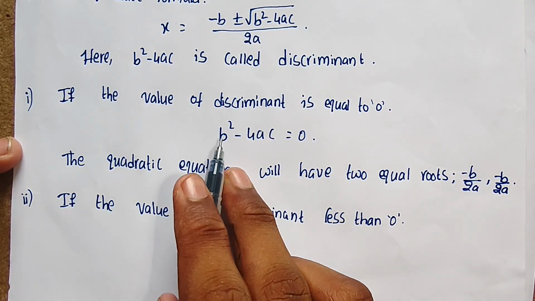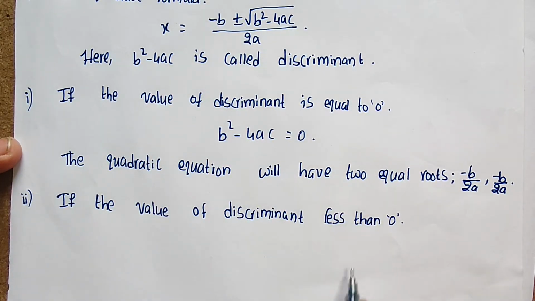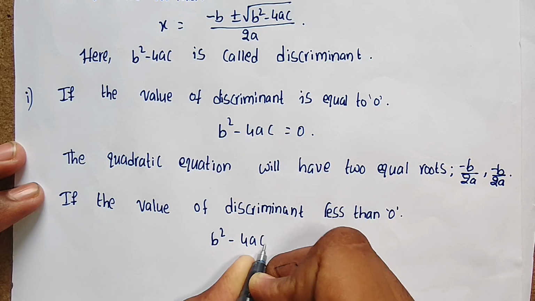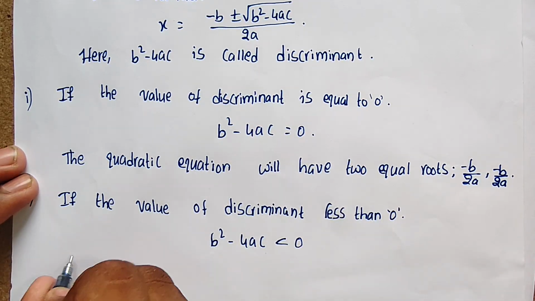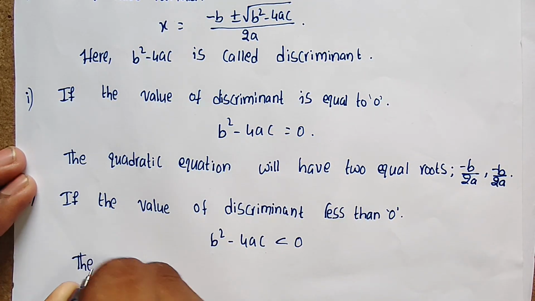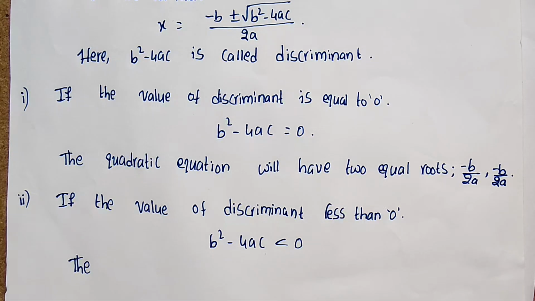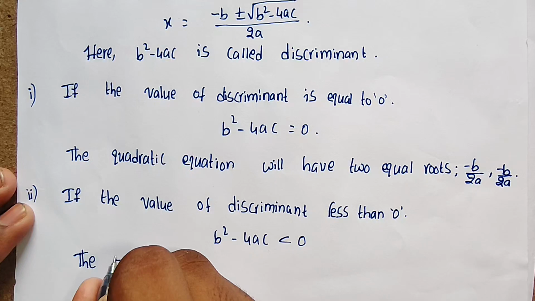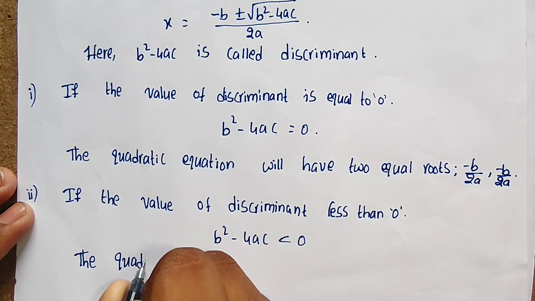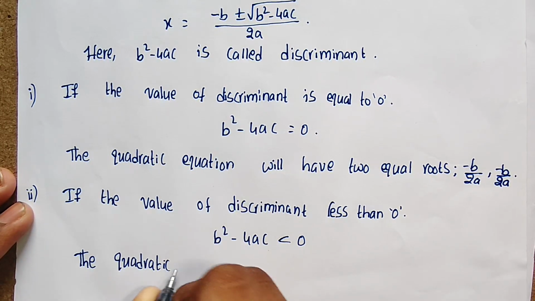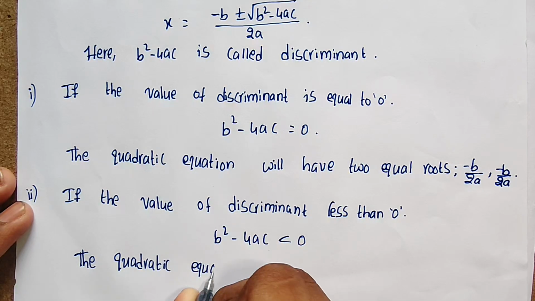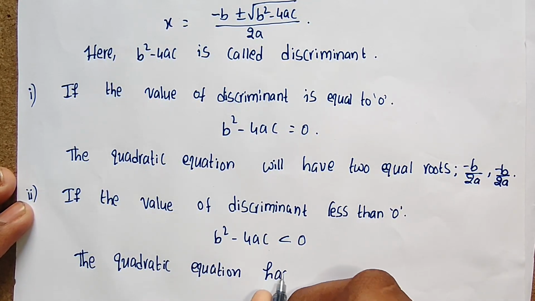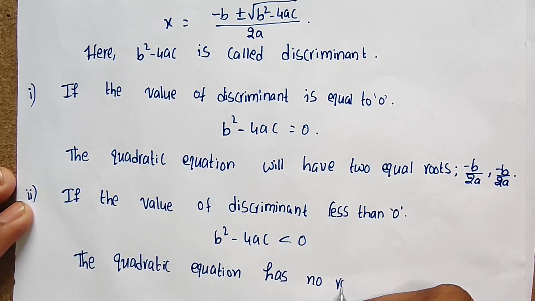If b square minus 4ac is less than 0, then the quadratic equation has no real roots.